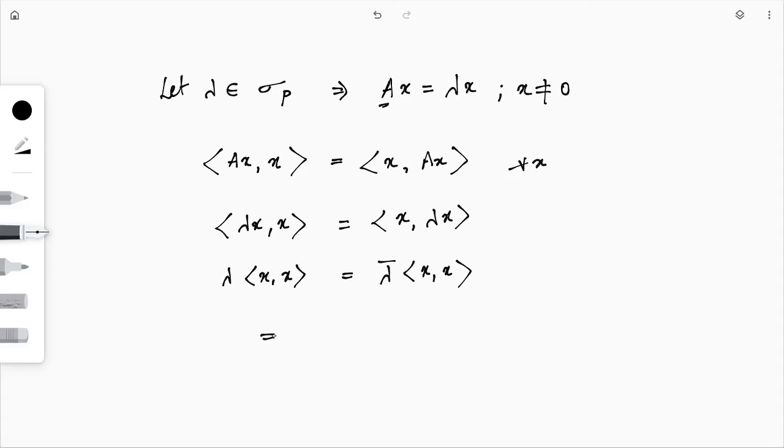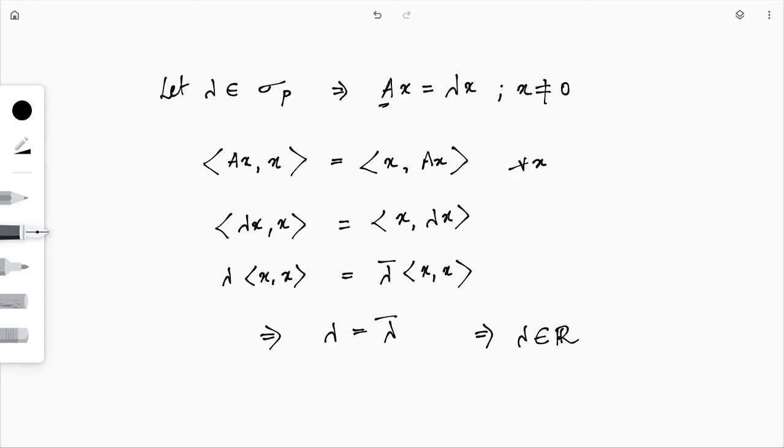So from this, I get lambda is the same as lambda conjugate. For a complex number, if its conjugate is the same, that means the imaginary part must be 0, right? That is, it will be a purely real number, belonging to the set of reals.